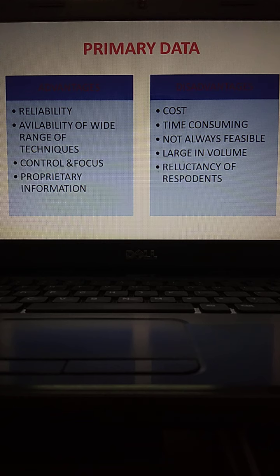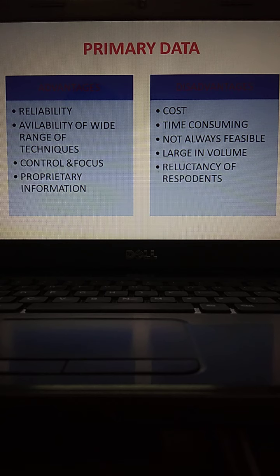In statistics, the deviation is larger if you take any decision based on that kind of data, and the results are not going to be up to the mark. So as a data collector, you should always see that the error is less. That is one more advantage of the primary data.